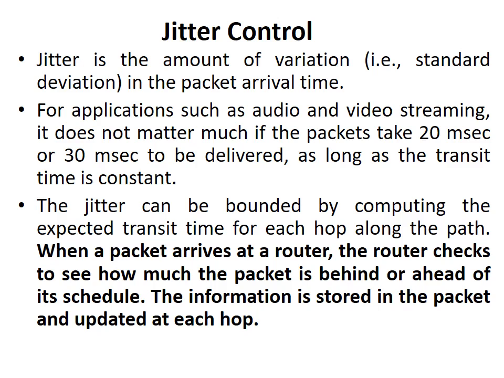Once the information is updated at each hop, each hop comes to know that a certain packet is coming after a certain amount of time. So once the time duration is known, the congestion can be reduced.